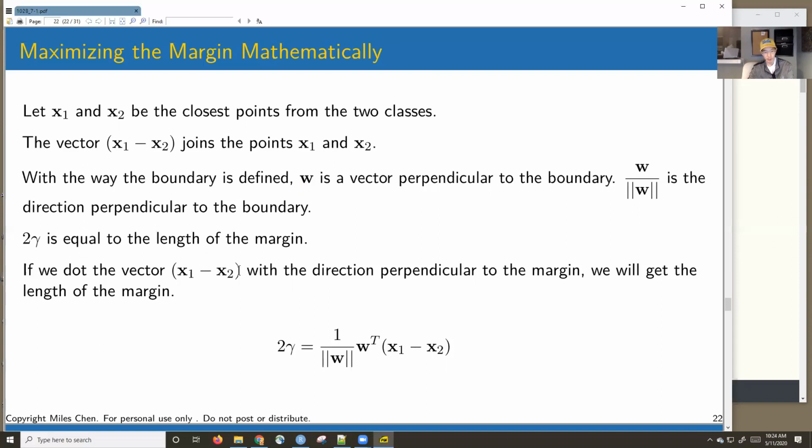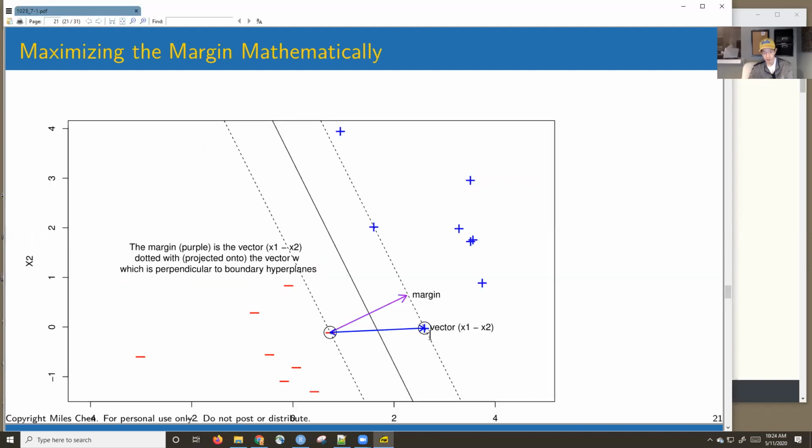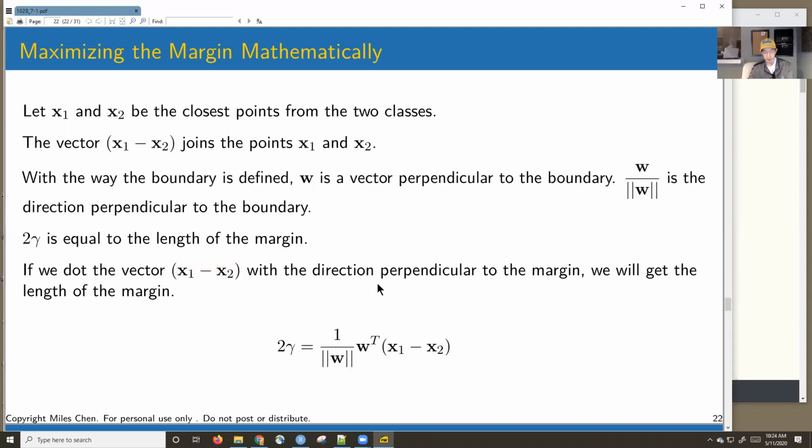Therefore, if we dot this vector, as shown in the blue arrow, with the direction perpendicular to the margin, you'll get a vector that has the length of the margin. This is the direction perpendicular to the margin: w over the norm of w. We take the transpose of it and dot it with x1 minus x2.